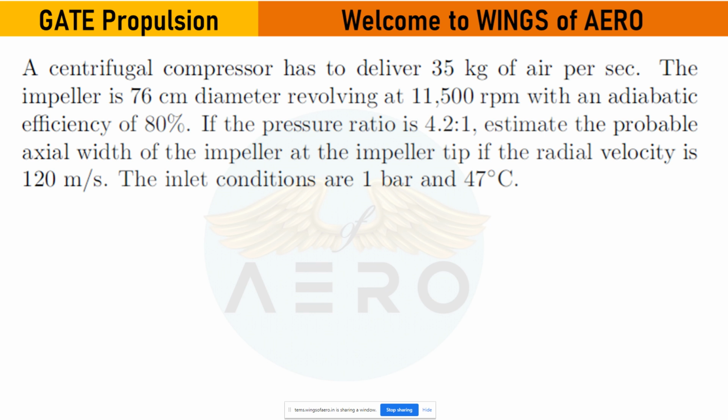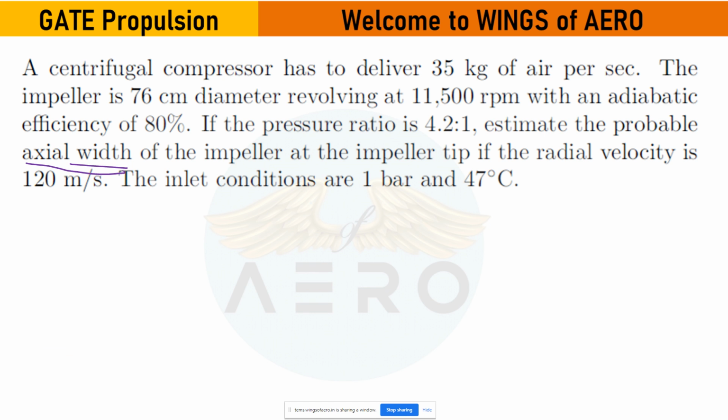If the pressure ratio is 4.2:1, estimate the probable axial width of the impeller at the impeller tip if the radial velocity is 120 meter per second. The inlet conditions are 1 bar and 47 degrees Celsius. From here, what is the main motto to find out? They just ask you to find the axial width.